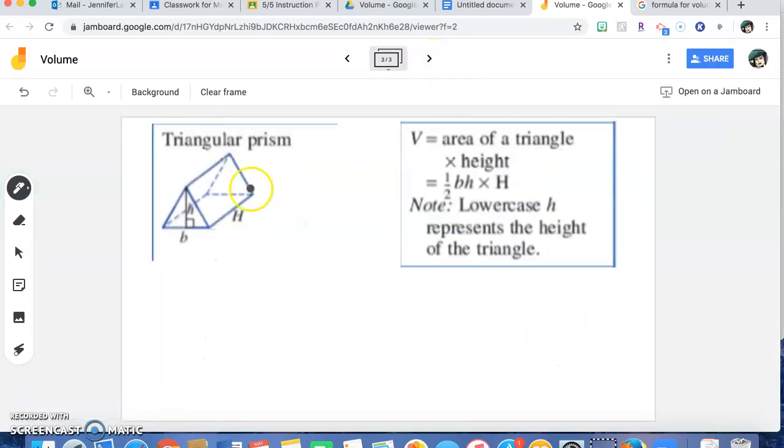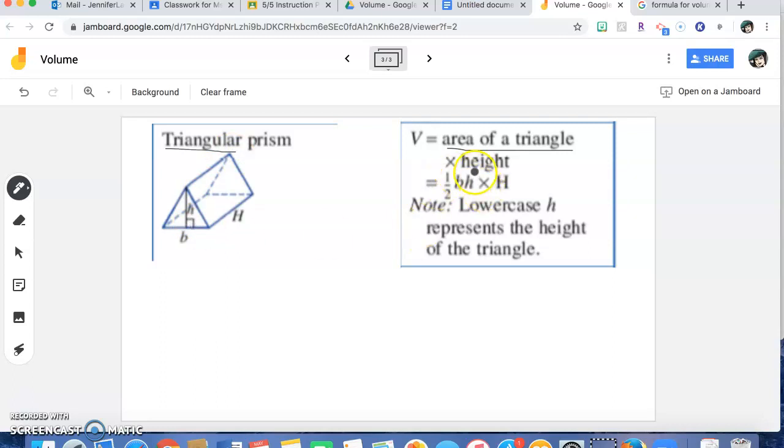Where we need to remember is a triangular prism. So for volume, we take the area of the triangle, because the area of the triangle is the base. So again, on this triangular prism, yes, there's a rectangle on the bottom, but it's a triangular prism, so it's named after its bases. So its base is still a triangle.